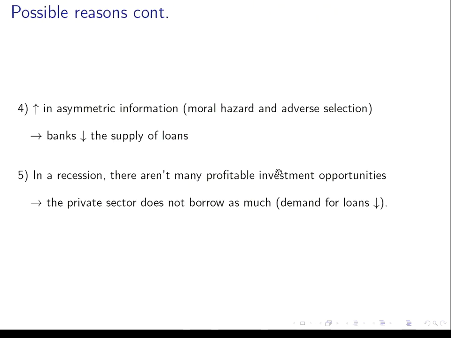And that's essentially why during this period of 2007 to 2014, you didn't see the increase in money supply as much as the Fed wanted, or as much as the Fed would have wanted.